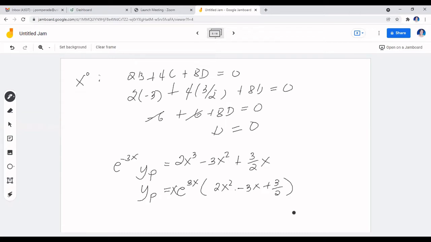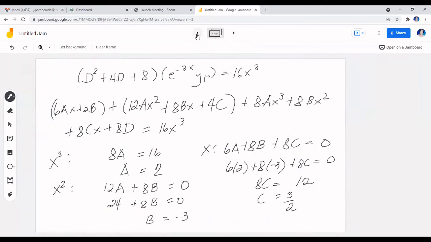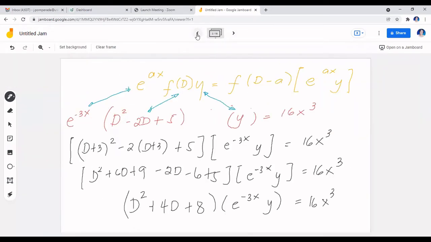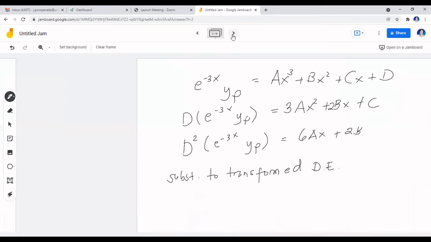Since this is a modified method of undetermined coefficients, you still need to determine the complementary solution. So you need to write down the characteristic equation. Where is the characteristic equation? It's based on the left side of the given DE, the original one, not the transformed DE. So you are going to get the roots of the characteristic equation based on this left side of the original DE.